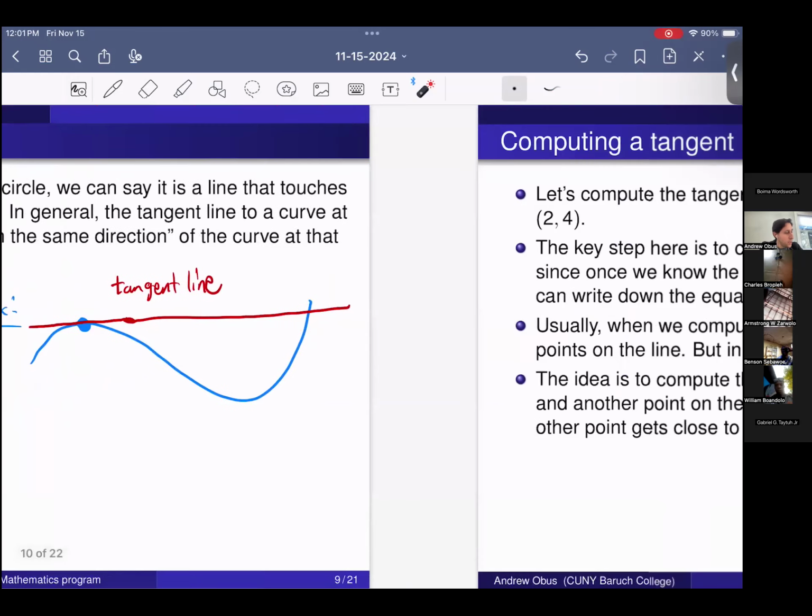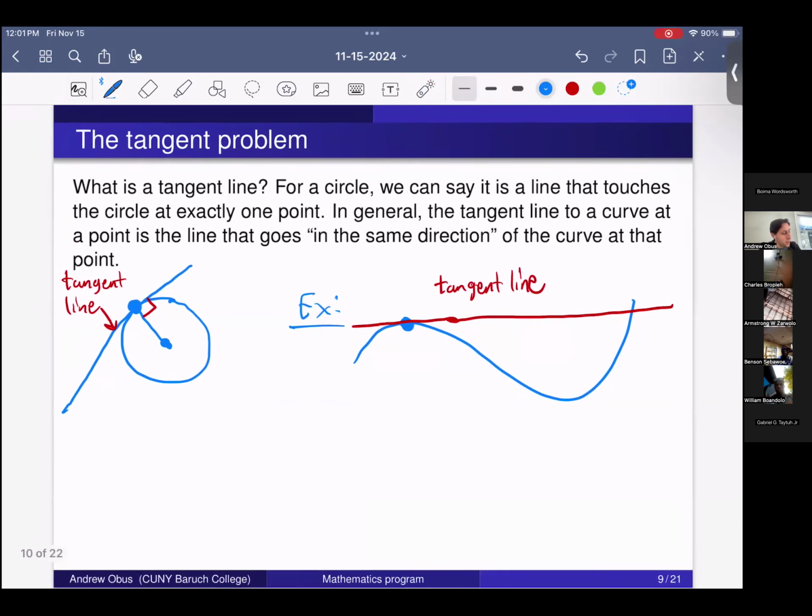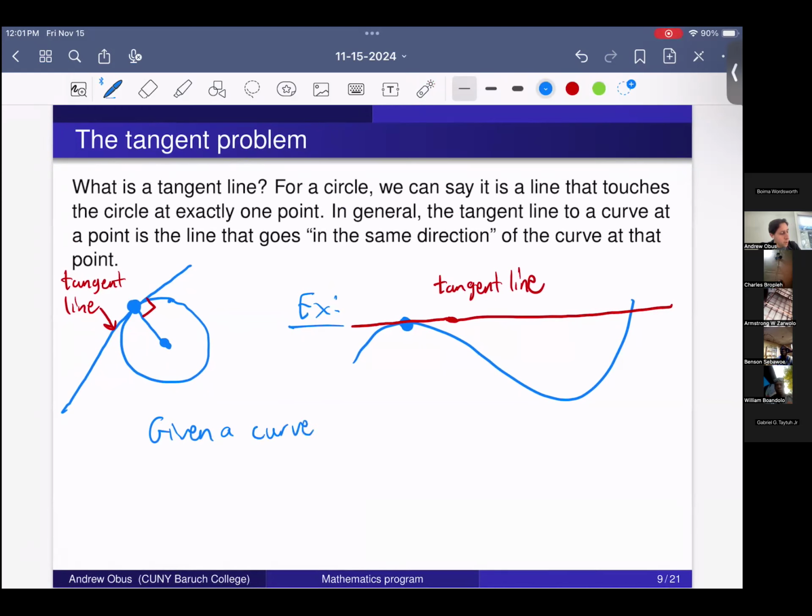And so a big question: let's say we're given a curve, or a graph of some function y equals f of x. How do we compute the tangent line?